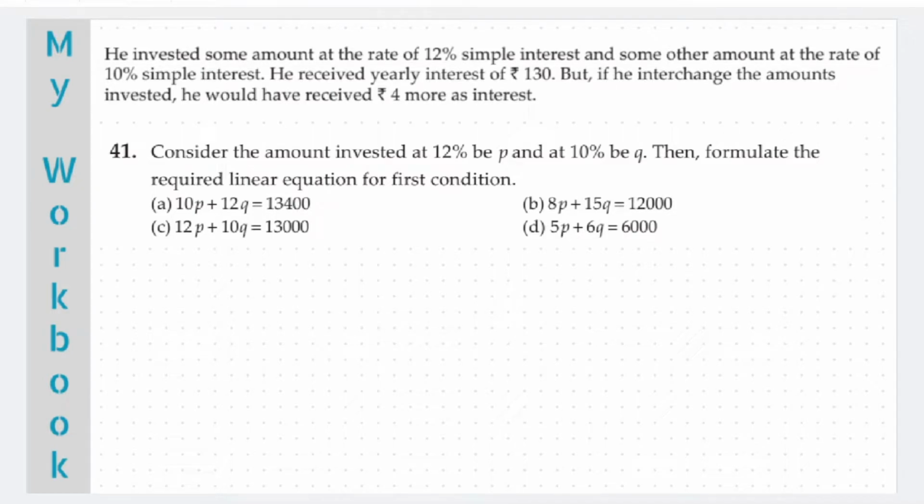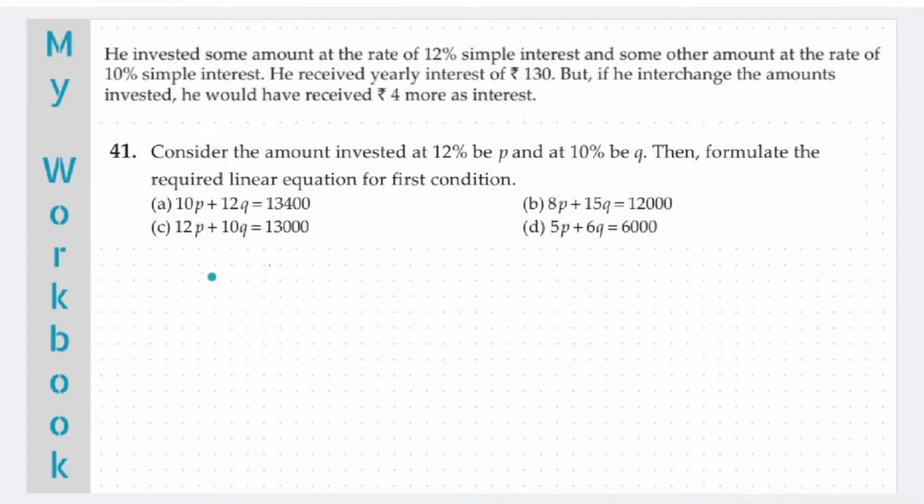So question number 41. Consider the amount invested at 12% be P and at 10% be Q. Then formulate the required linear equation for the first condition. So we'll have to frame the equation in terms of P and Q for the first condition given in this case study.